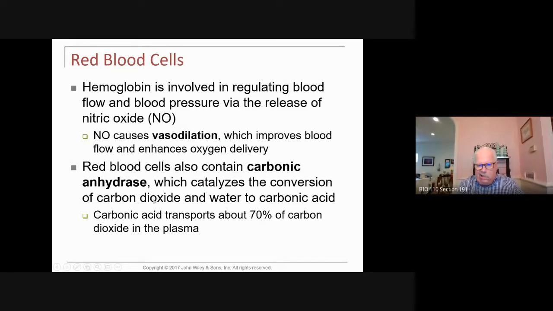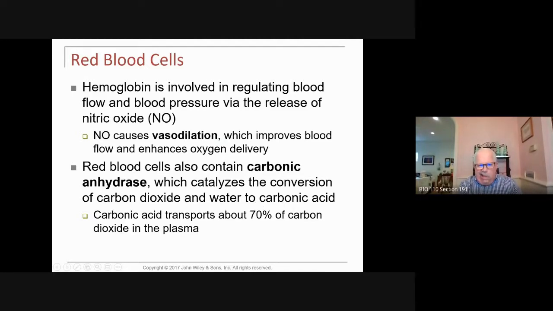H2O plus CO2 will give you H2CO3. And that formula is catalyzed by this enzyme, carbonic anhydrase. That is the enzyme that catalyzes CO2 plus H2O to give you carbonic acid.